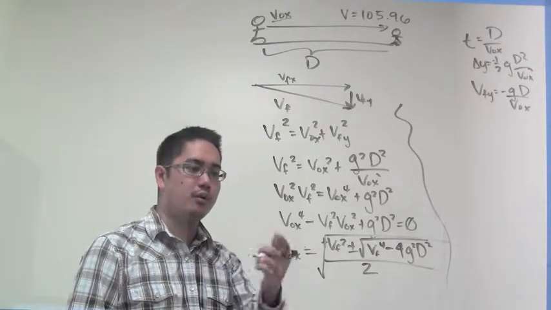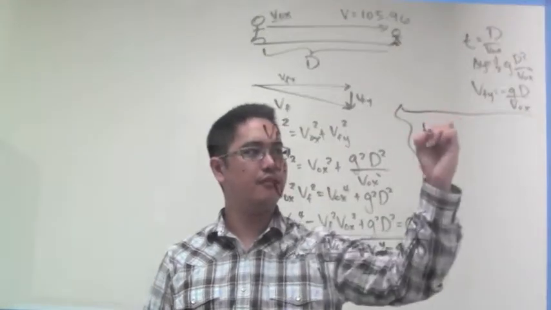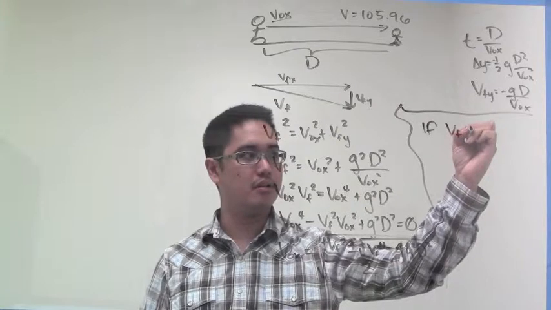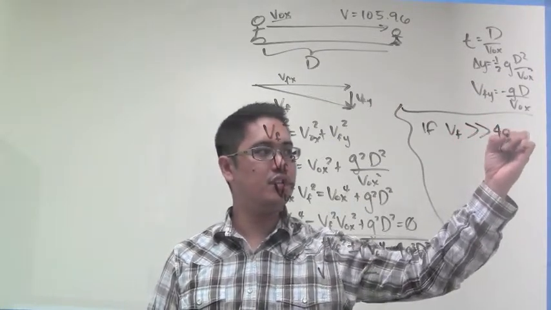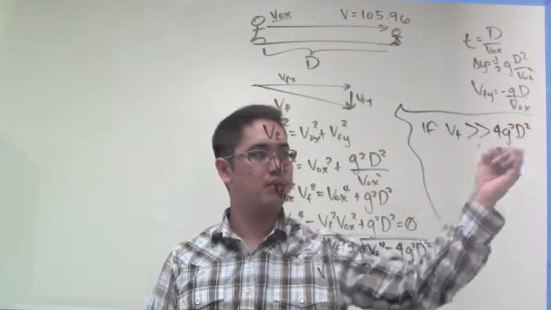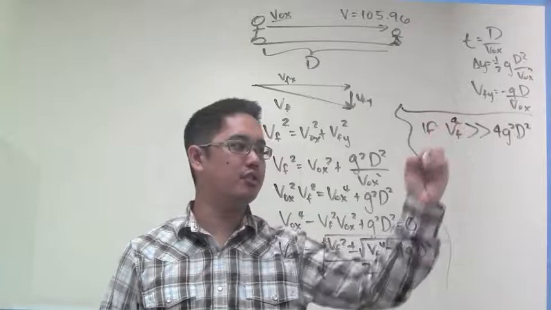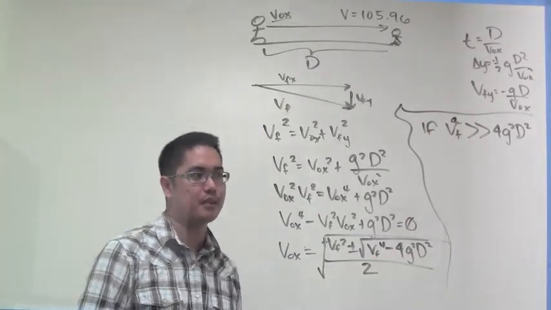Now, one way you can analyze this is if you say, well, what happens if V final to the fourth is much bigger than 4 G squared D squared? I'm saying that this thing dominates that thing.